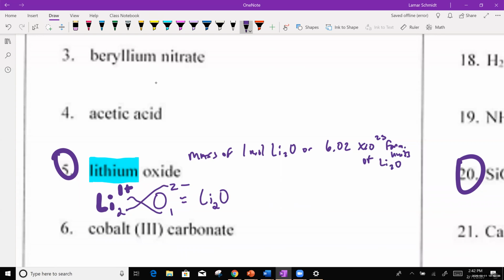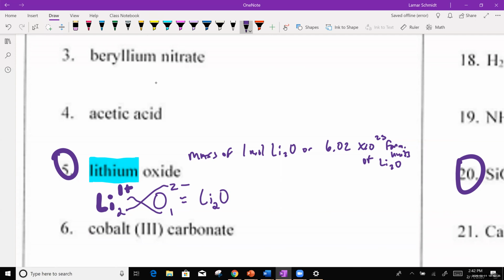And the reason why we say formula units is because it's an ionic compound. If we were talking about a molecule, we'd say we have 6.02 times 10 to the 23rd molecules. But lithium oxide is an ionic compound, and we refer to that as a formula unit. So we have that many.